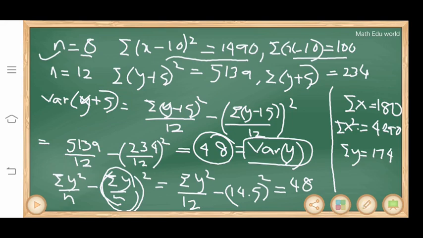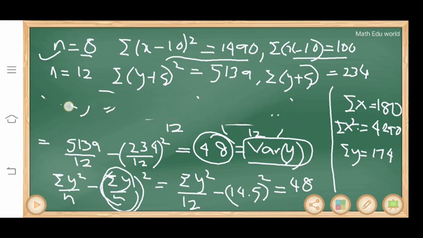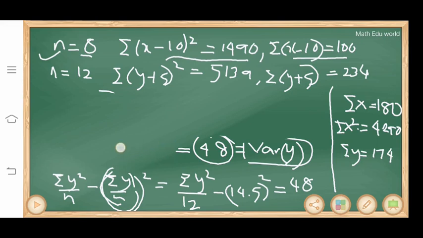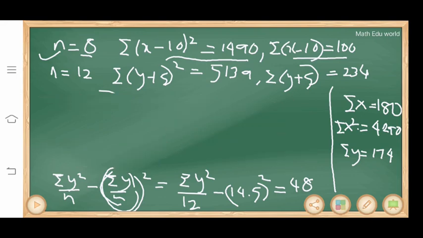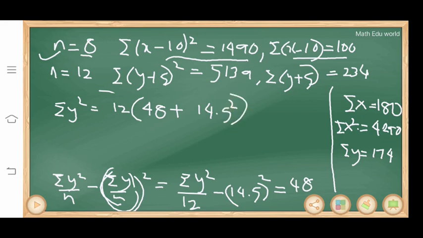Yes, do the same calculation. So what method do we use for this calculation? Take minus 14.5 squared to the right side, it becomes plus 14.5 squared, then cross multiply 12. So we get sigma y squared as 12 of 48 plus 14.5 squared, which is 3099.